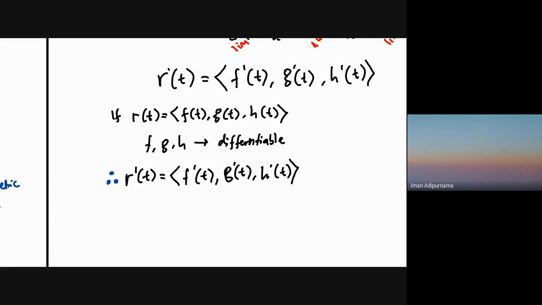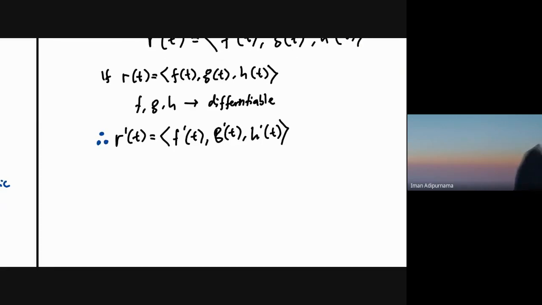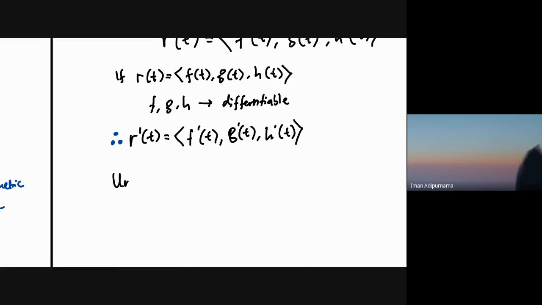Okay. Another thing aside from the derivative part: because it's a vector, we also have what is called the unit tangent vector, which we usually write down as the capital T. Okay.